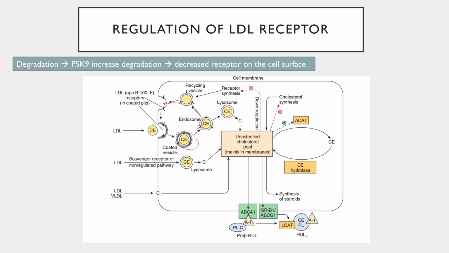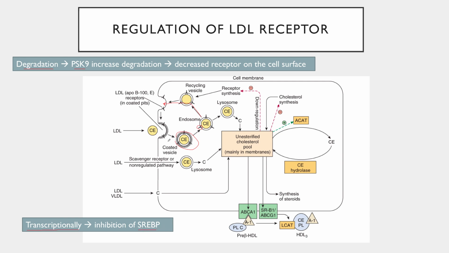So PCSK9 can increase receptor degradation, thereby reducing the number of receptors that are recycled back to the cell surface. The LDL receptor can also be regulated transcriptionally, and this is through inhibition of the same transcription factor we saw that regulated HMG-CoA reductase, and again, that's the sterol response element binding protein.